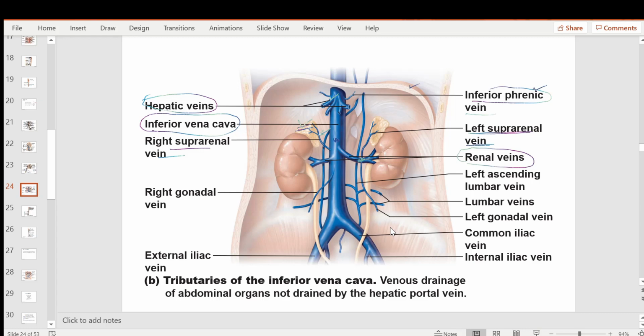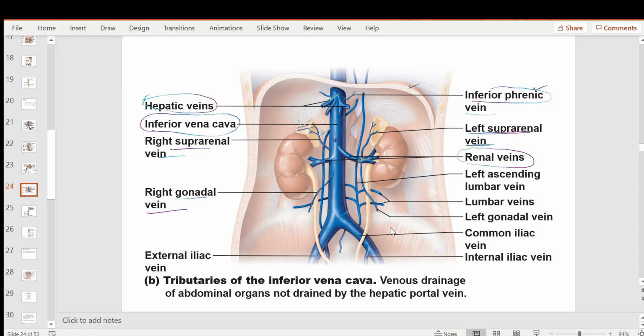And also, inferior vena cava receives blood from other tributaries, as I mentioned. Mesenteric, it is not shown here, from the intestine, then gonadal from the gonads. Those smaller veins bring blood into the inferior vena cava.